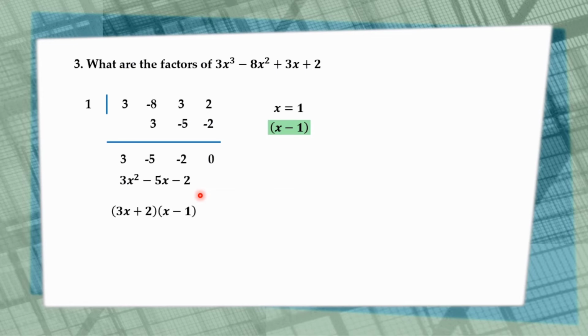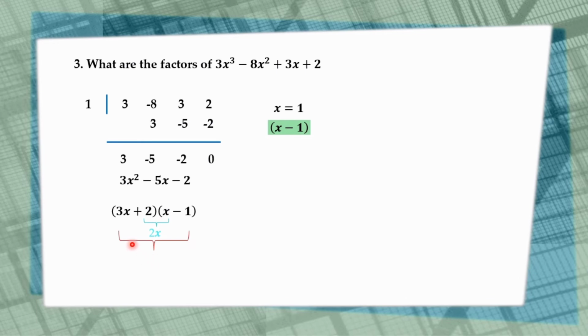Okay, let us factor. The factors of 3x squared are 3x and x. And the factors of the last term are positive 2 and negative 1. So let us check. Multiply the inner term. 2 times x equals 2x.